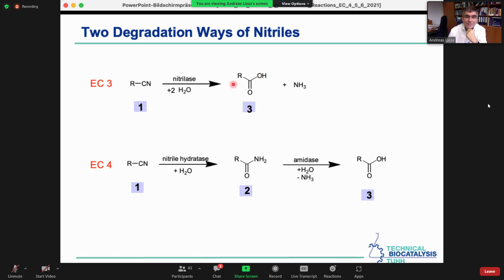So in the end, with the nitrile hydratase, we're just adding 1 water molecule. We have 2 starting materials, 1 product. That's the EC4. And then we for sure can couple it with a hydrolase enzyme, what is an amidase, that is accepting the amide, adding 1 water, 1, 2 starting materials, hydrolyzing with the water the amide, releasing ammonia, 1, 2 products. Okay, that's the difference between those 2 pathways.